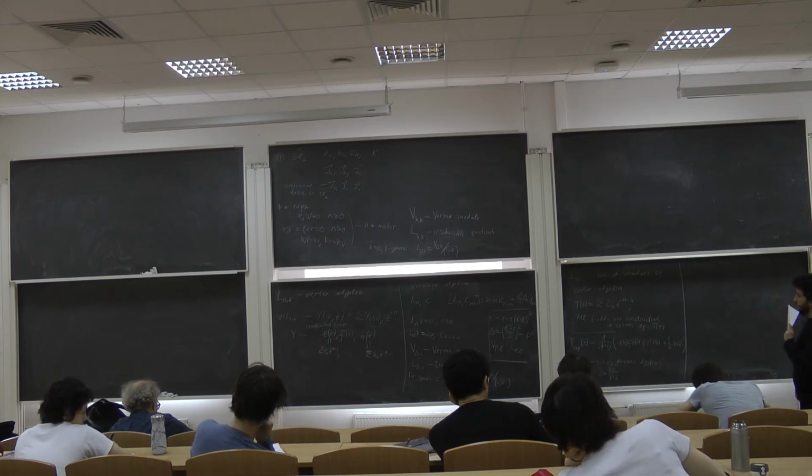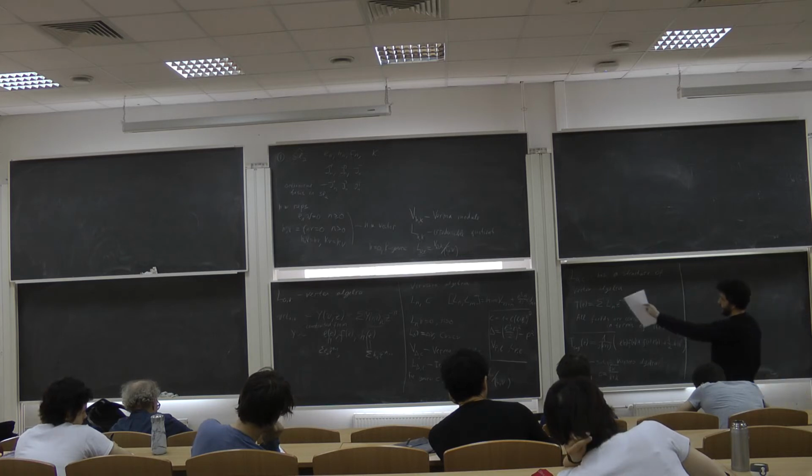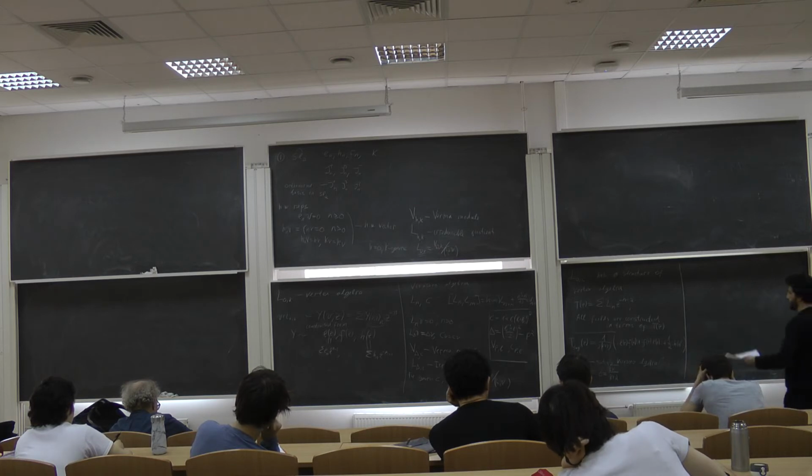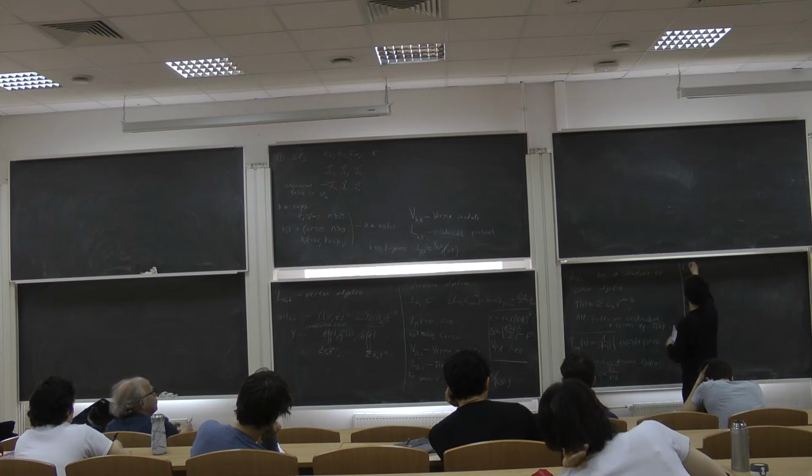As I said, there are many relations between these two algebras, SL2 hat and Virasoro, and I'm not sure, I probably will need several, but now we come to the second point of the plan, which corresponds to the so-called coset construction.